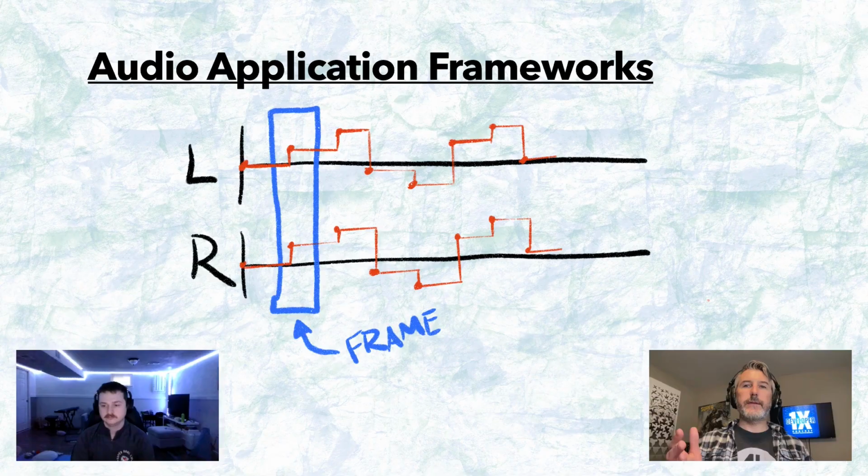Left and right channel is just stereo, but there are all kinds of other formats. There are 5.1 and surround and all that kind of stuff. You might have any number of channels, but a frame refers to all of the samples for all of the channels in a given time. When we're talking about frames, are we talking on the order of very, very small fractions of a second?